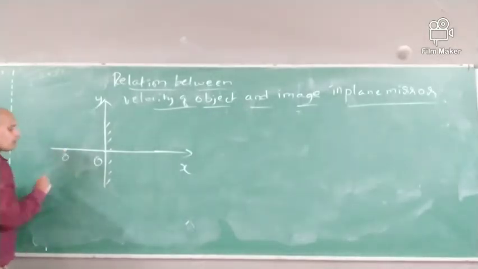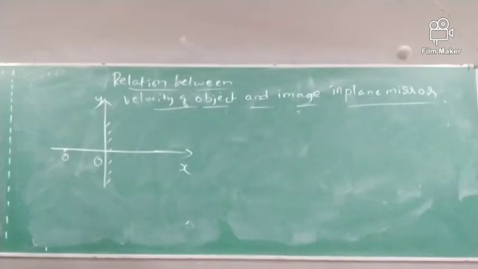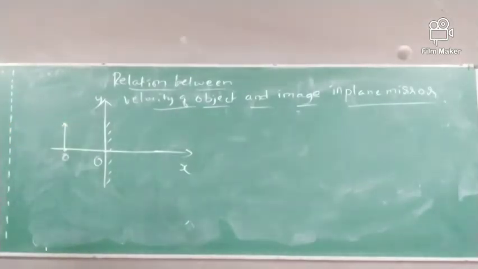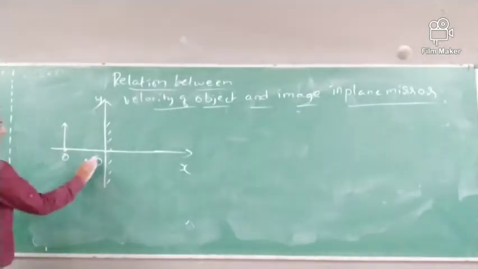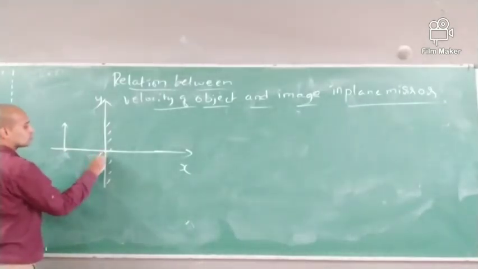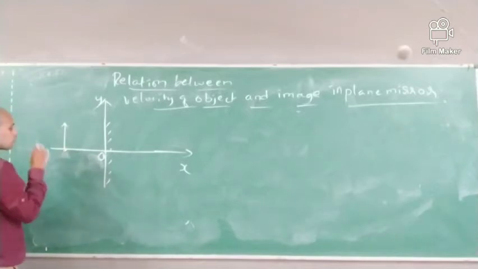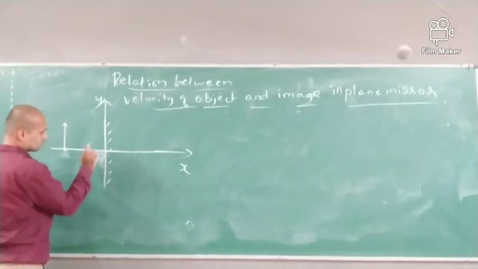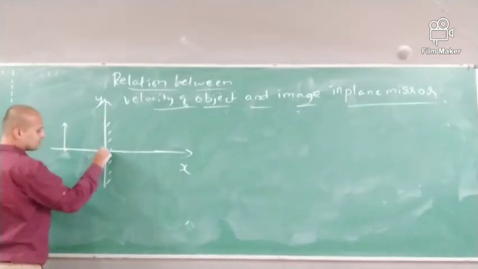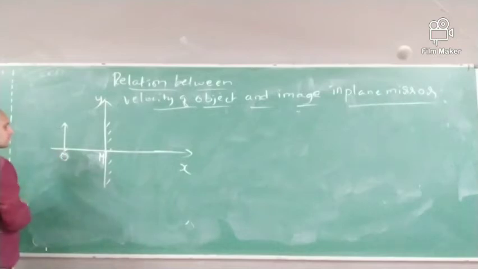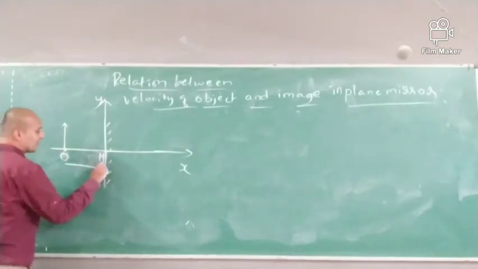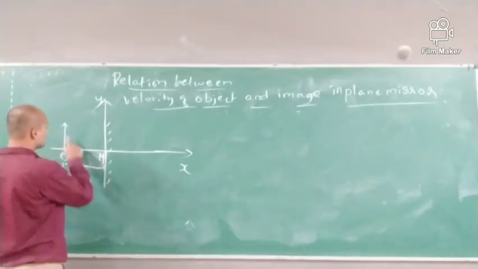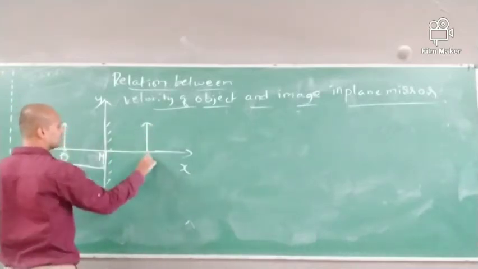Let us take one extended object here. This is the origin I have taken. This is M. Let us take M. This is the object. If I take this as XOM, the image of this object will be somewhere here.